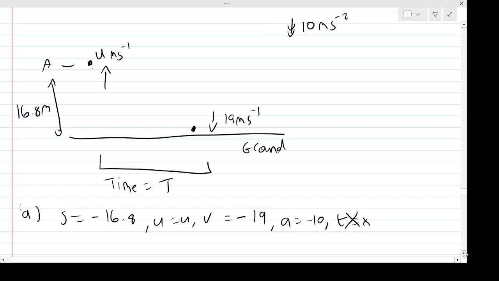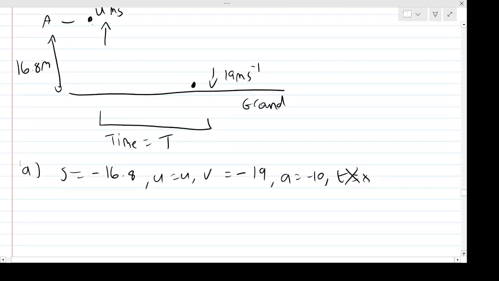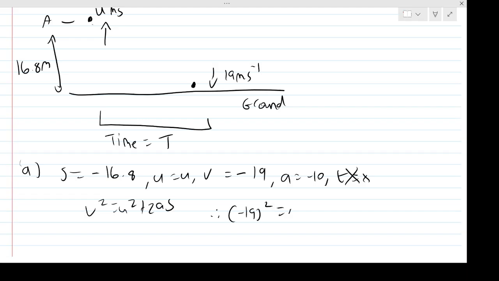We need to find u, okay? So what formula excludes t? It'd be v squared is u squared plus 2as, right? So if we sub that in, we get minus 19 all squared is going to be u squared, add 2 lots of minus 10 of minus 16.8.